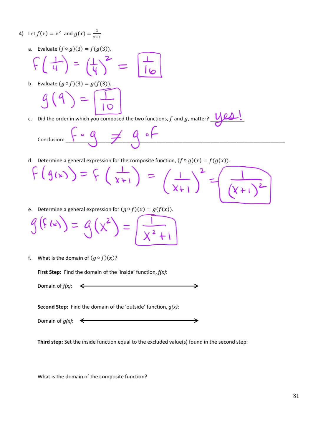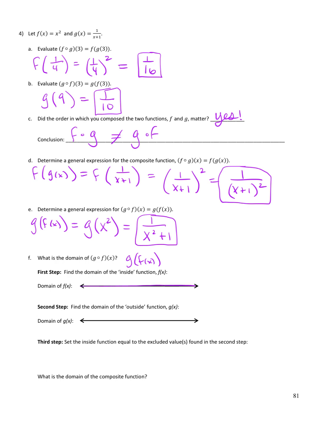How to find the domain of a composition. We're going to do the domain of g of f of x. So it says find the domain of the inside function first. So g composed with f, that means g of f of x. So the inside function is f, which is x squared, and its domain is all real numbers.